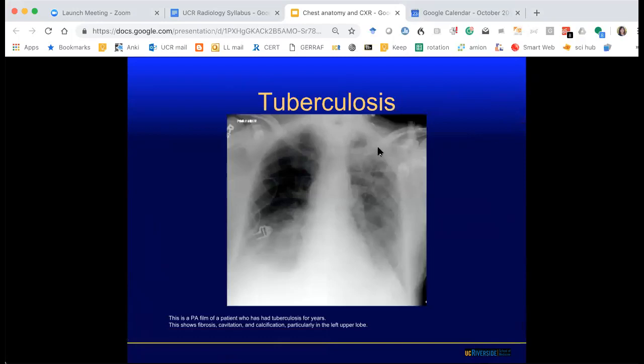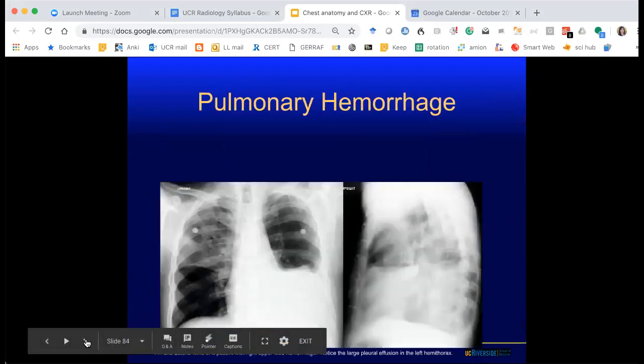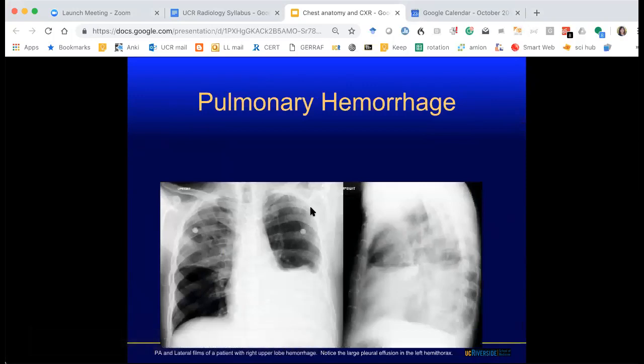So is this primary or secondary TB? Primary or reactivation TB? Reactivation, yeah. So it's usually people who had an initial infection, and with reactivation we get the cavitation, in the typically more oxygenated part of the lungs.